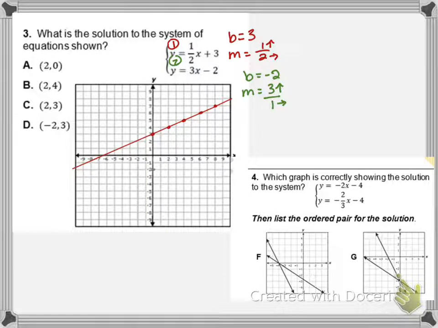So let's put a point at -2. We go up 3 and to the right 1, and we already have our answer, but let's go ahead and keep going, up 3 and over 1.